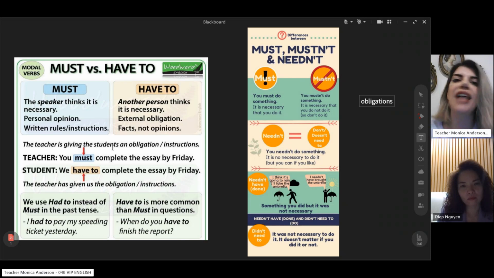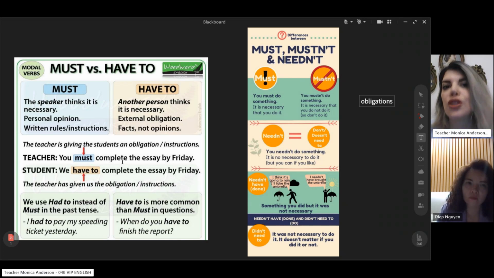We don't have a past form of must, so we use had to for both of them. Have to is more common than must in questions. Normally we don't make questions using must. We use do you have to, or when do you have to finish the report. So we don't use must for questions.